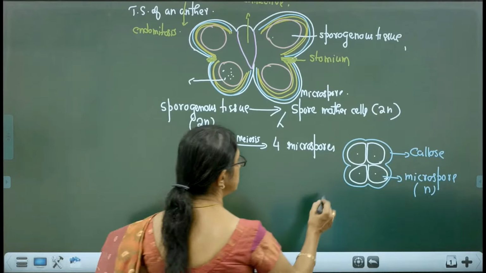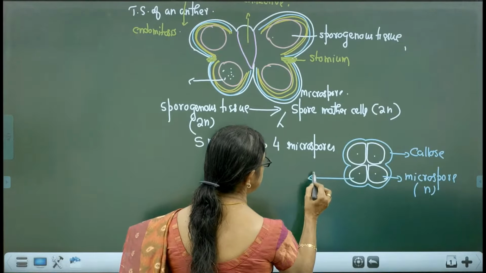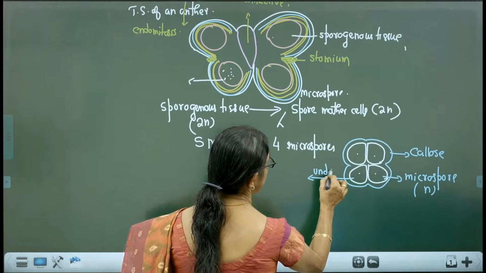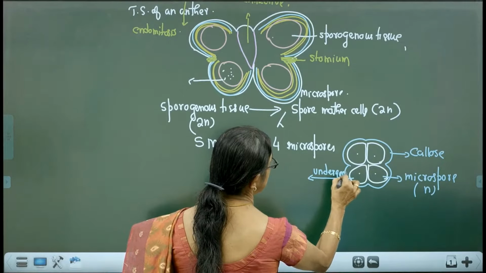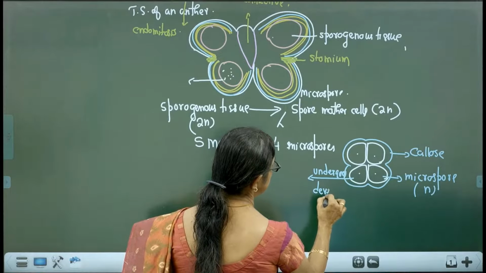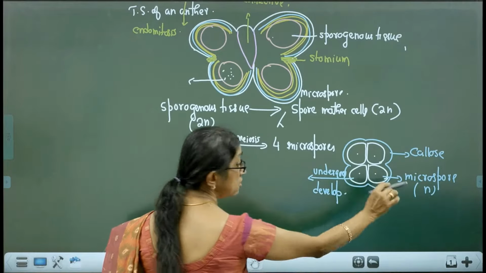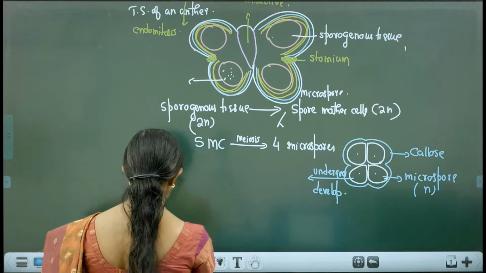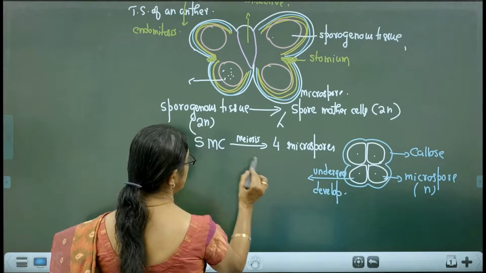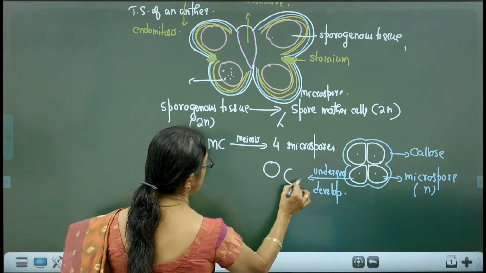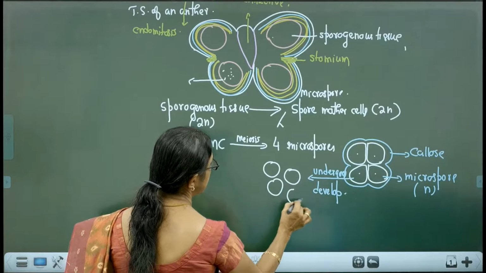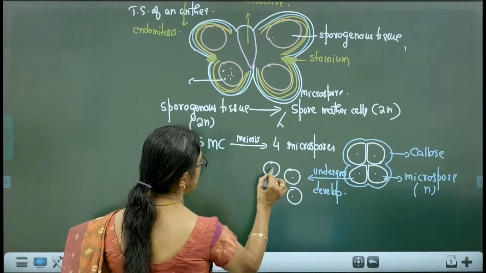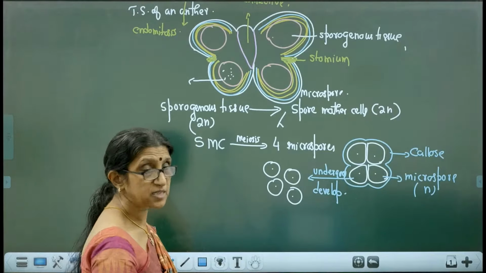So they undergo development, then the callus gets degraded and all the spores are made free. They come to life freely within the anther locule, and these are known as pollen grains.